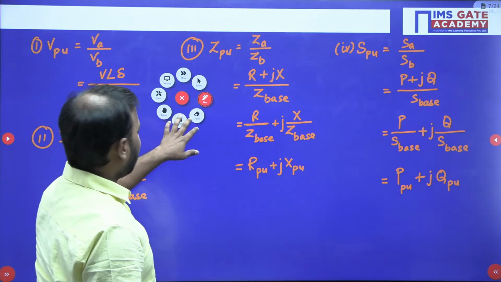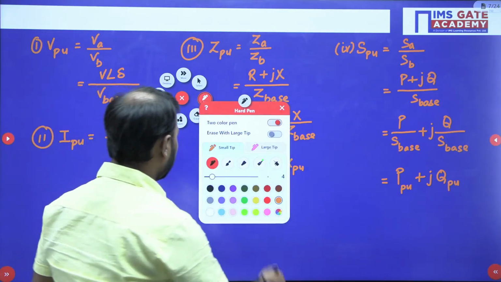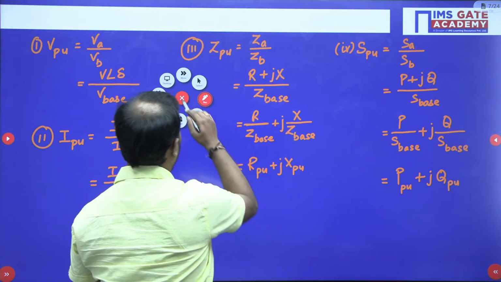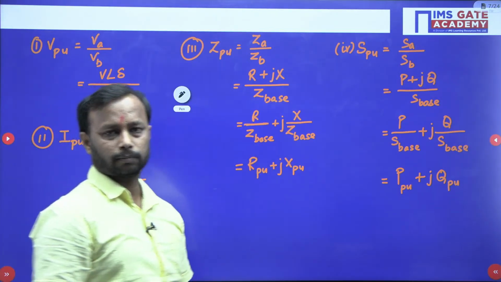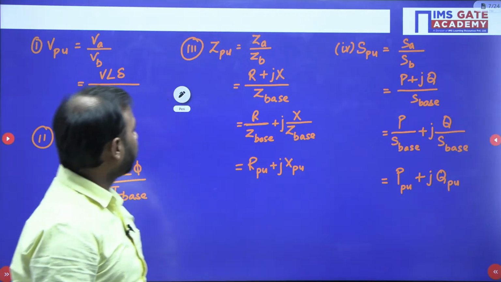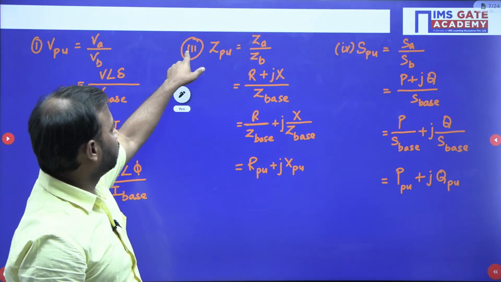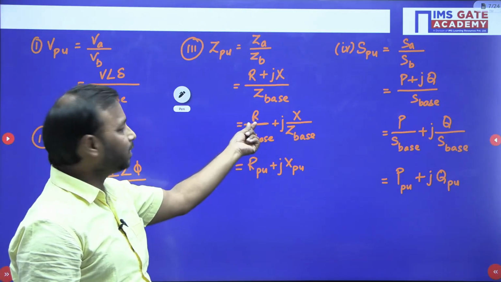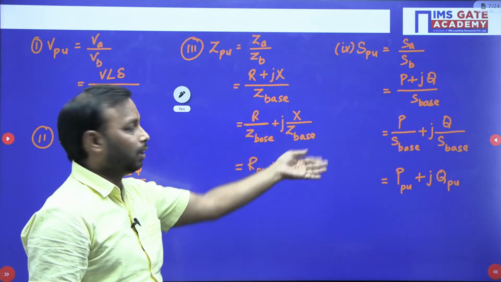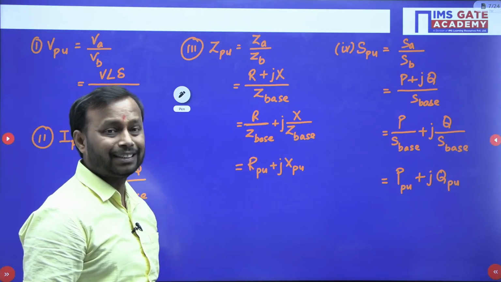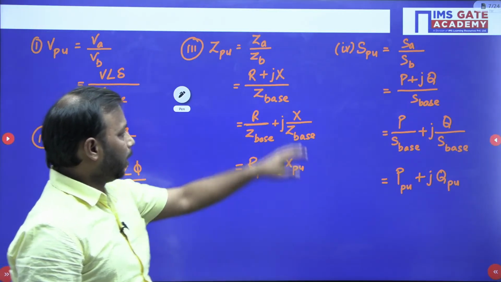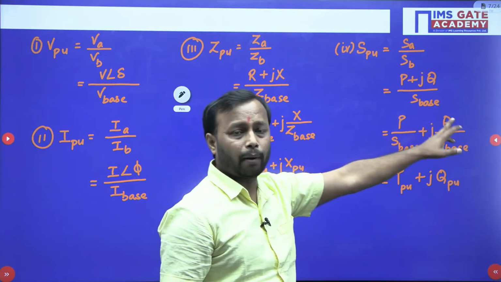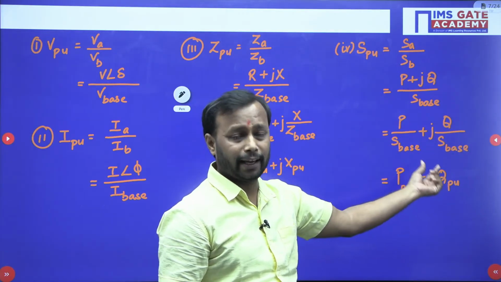Now my dear friend, an important, or you can say a key point. If you carefully observe, the third parameter Z per unit, in the resistance and in the reactance, the base is common, which is impedance. In the same manner, in the power, for real power and reactive power, the base is common, which is S base.